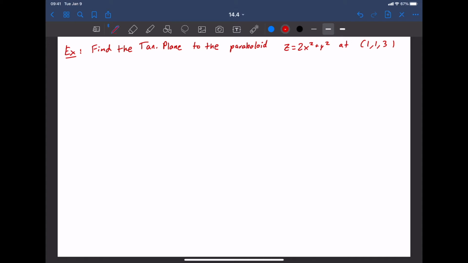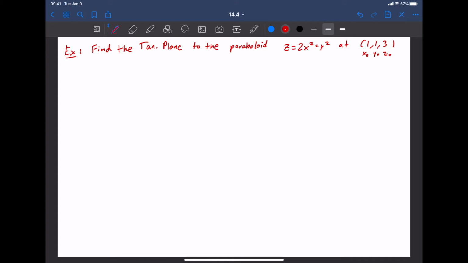All right, so in the language of the theorem, or the language of the equation, that's x naught, that's y naught, that's z naught. Okay, you can verify that if I plug in 1, 1 to this surface equation, I will get a z coordinate of 3.